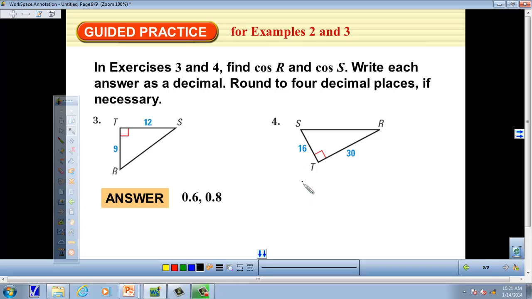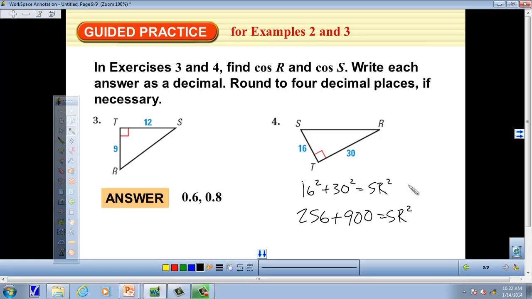This is 16 squared plus 30 squared equals SR squared. 16 squared is 256. 30 squared is 900, and that equals SR squared.